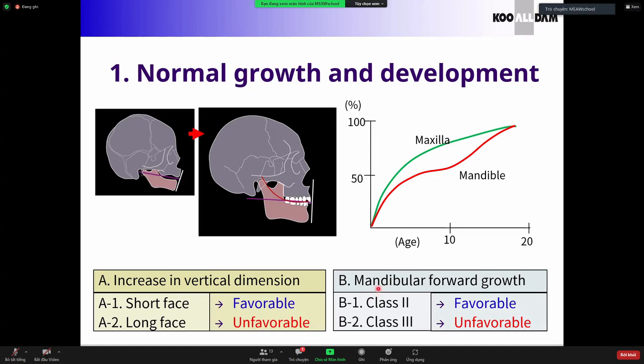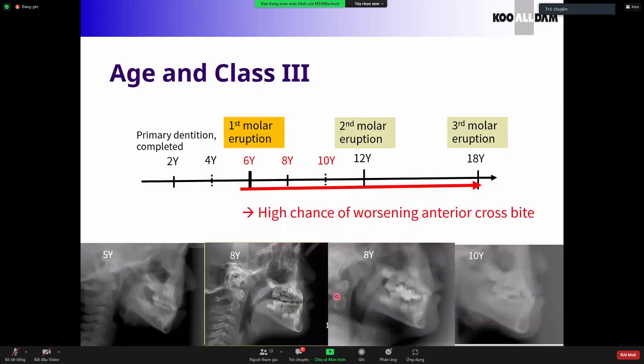And also, regarding mandibular forward growth, class 2 patient, it is okay. However, in class 3 patient, it may worsen. So we can see the high chance of worsening anterior crossbite.